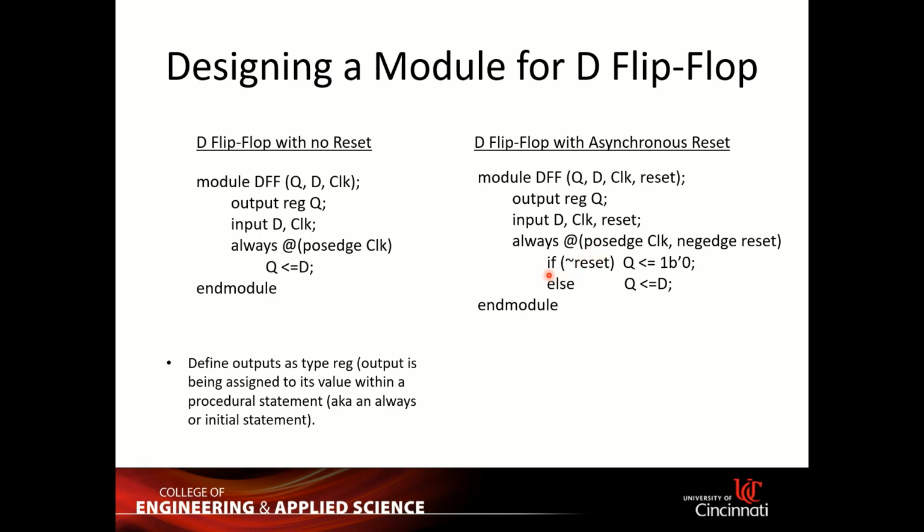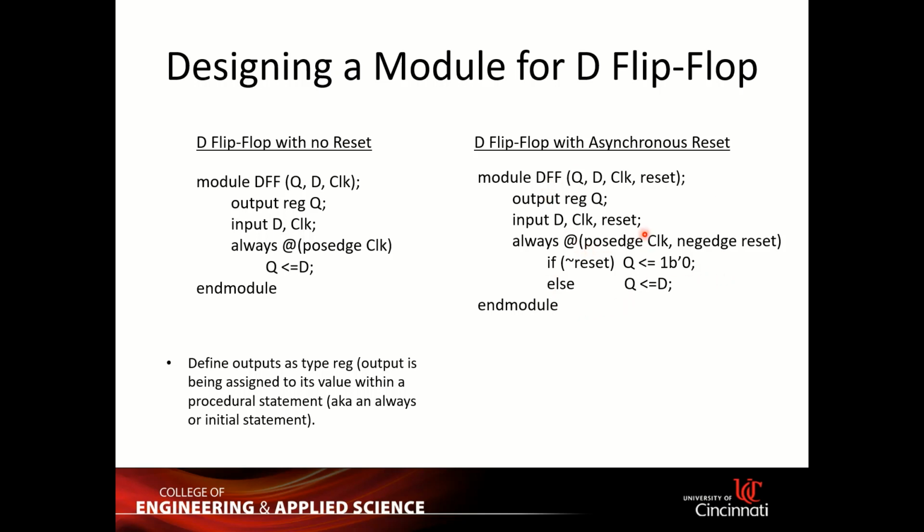So we have a negative edge reset. In here you can see if reset is 0, then you basically assign Q to be 0.